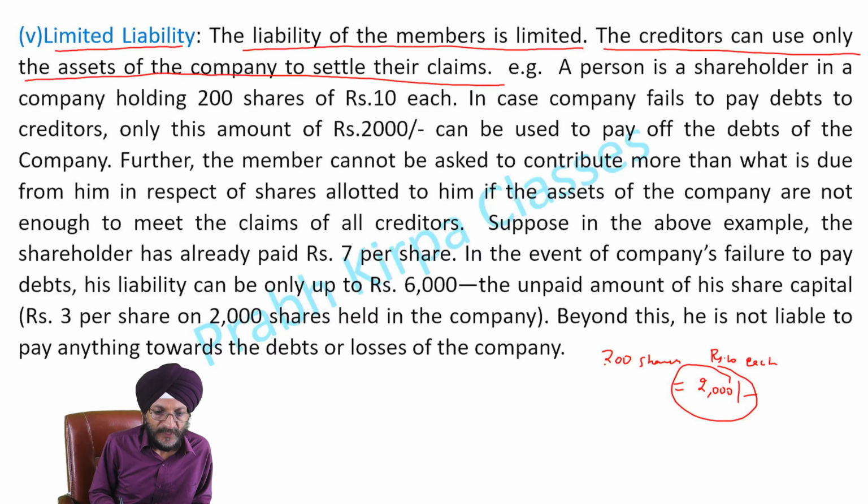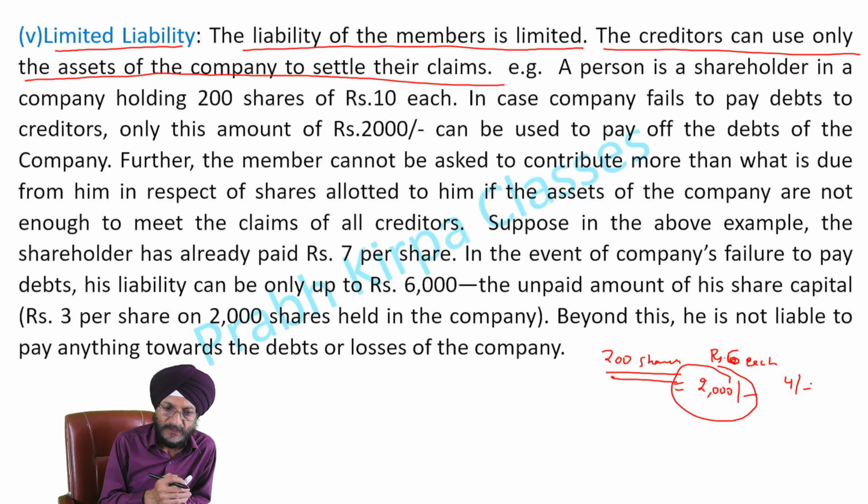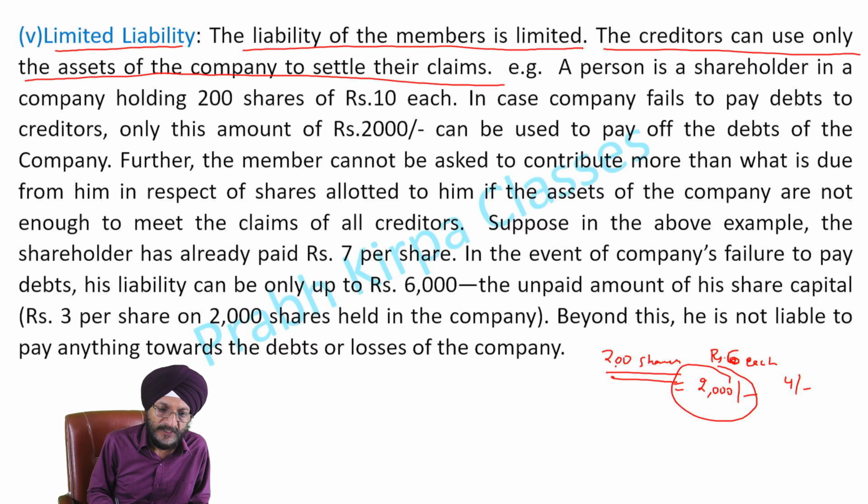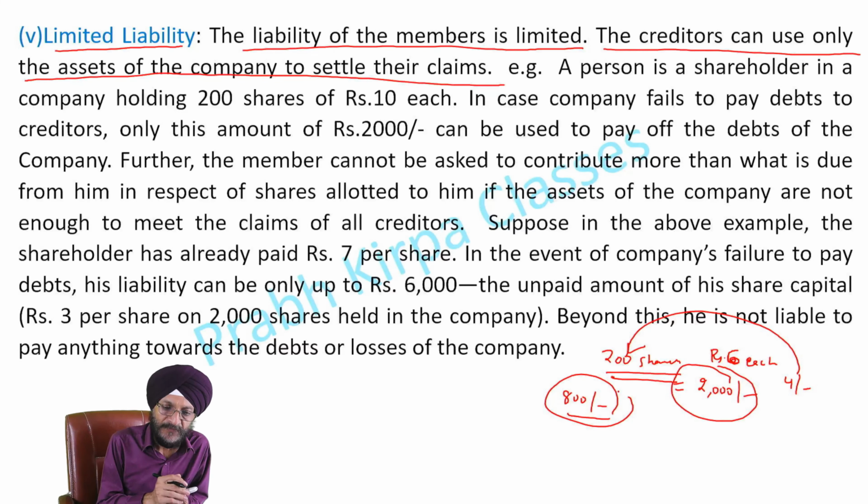Further, if we take the same example and the shareholder is having 200 shares, but so far he has paid only rupees 6 and the balance of rupees 4 per share is to be paid by the shareholder, then in that case, if the company is in default to pay the debts, the shareholder may be asked to pay the balance amount of rupees 800, being the amount which is payable by him towards the shares which are being held by him.